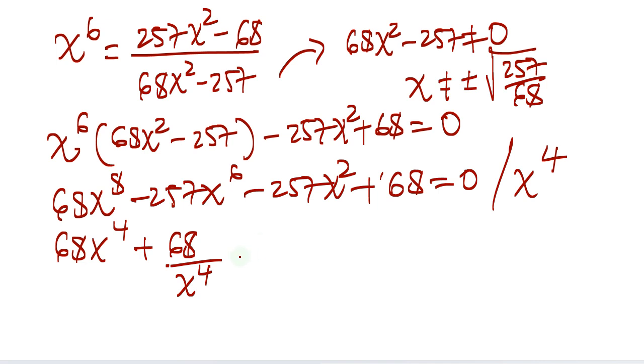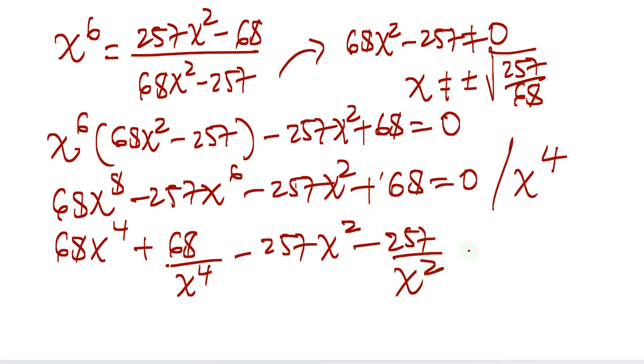And then minus this one here, 257 over x to the power of 2, and then this is equal to 0.